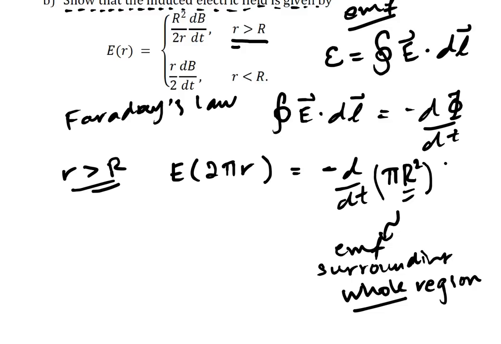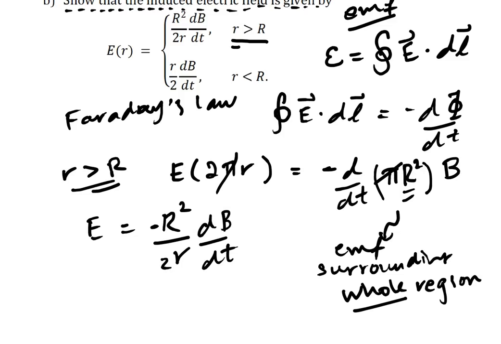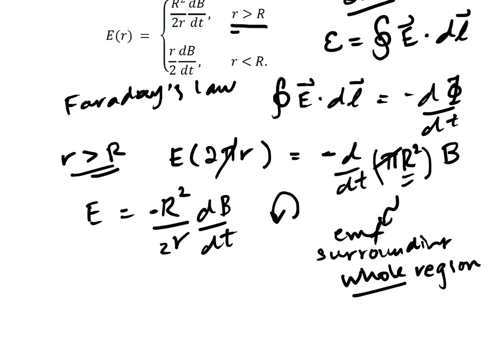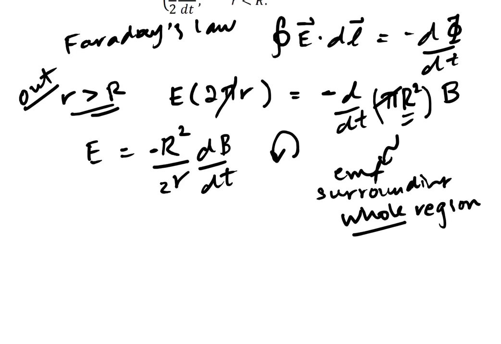But since pi R squared is a constant, we cancel the pi, and what we get for the electric field is R squared over 2r times dB by dt, in the counterclockwise direction for r larger than the radius, or outside.